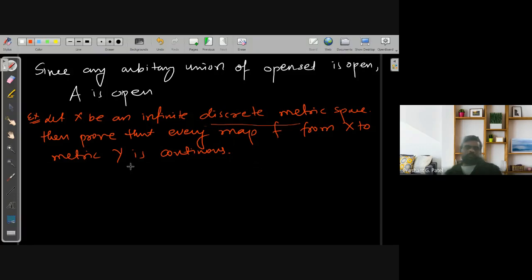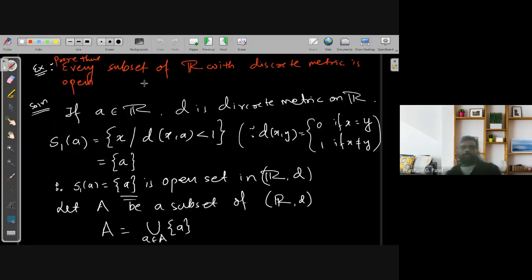I think in one of the lectures, some of you asked about this one. That means if I define a function on a discrete metric space, then it is always continuous because every subset of X is open. See, in the previous example, if you replace this R by X with infinitely many points, then nothing will change here. Everything is the same.